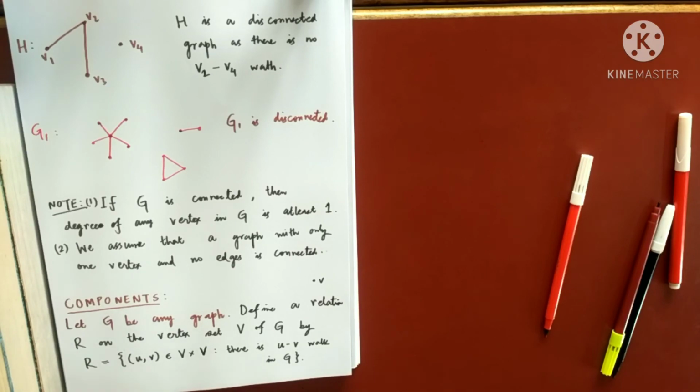Why is it symmetric? Very obvious. If there is a walk from u to v, then there is a walk from v to u as well. And why is it transitive? You do it. So that is your task. Prove that R is an equivalence relation, and you will send it to me today itself. All of you must send it to me today itself.